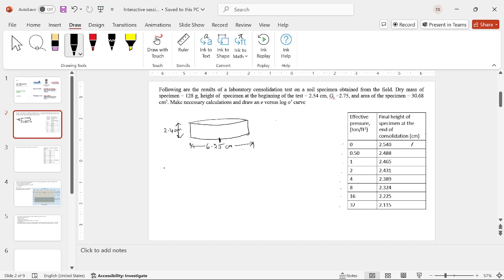See, if we have a specimen of height h and we consolidate it and we have a final height, say, HF, and this is the change in height.